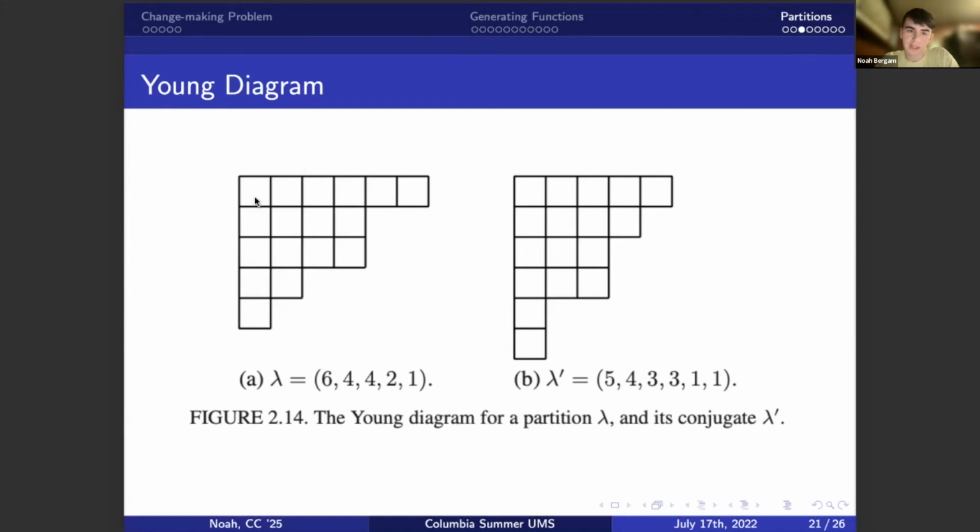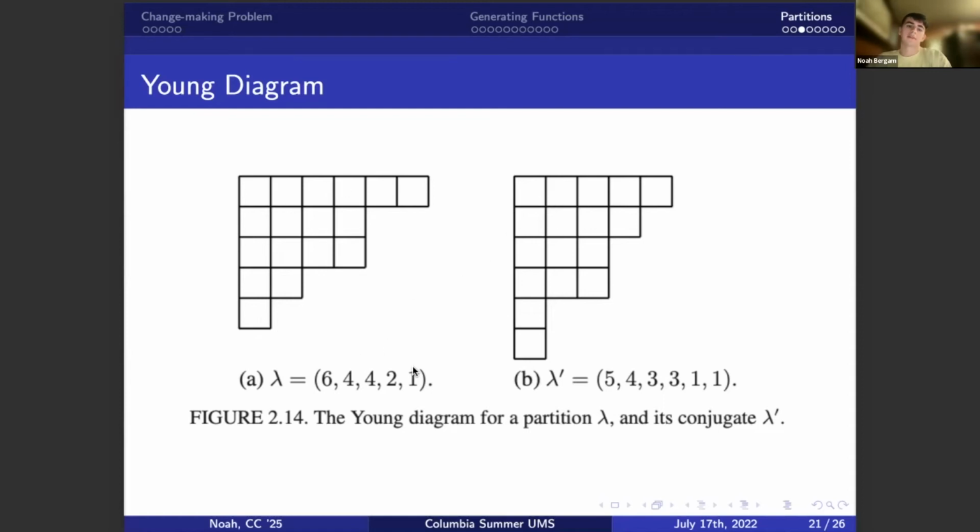You have 17 objects, and you're considering how many different ways you can arrange 17 objects into k piles. In this case, it would be 5 piles. So this is one specific partition, right? And this partition is represented by the fact that there are 6 in the first pile, 4 in the second pile, 4 in the third pile, 2 in the fourth pile, and 1 in the fifth pile.